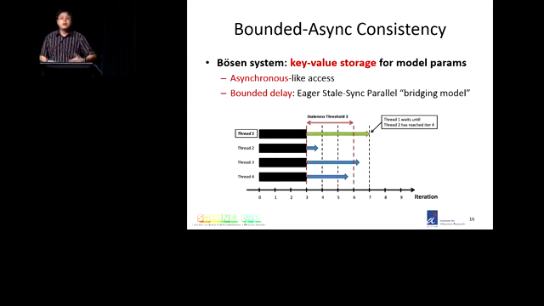So under this bounded asynchronous ESSP model, the general idea is that threads or workers in general will be allowed to deviate from each other in iteration count, but only up to a certain limit. For example, if you set that limit to 3, then workers are not allowed to deviate by more than 3 iterations. And the idea is this controls the amount of error or noise in the problem that still allows the problem to converge, while allowing the system some opportunities to schedule communication in an efficient way.